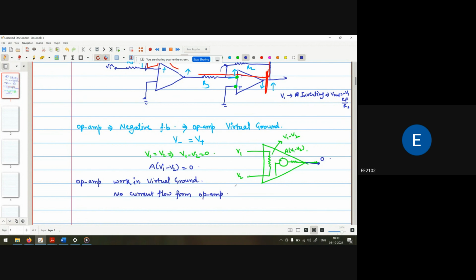So if the voltage is increasing at this point, what is the voltage at the output side? It will be decreasing. And what is the meaning of decreasing? Say 2 is less than 3, and I multiply both values by minus 1, so minus 2 will be greater than minus 3.